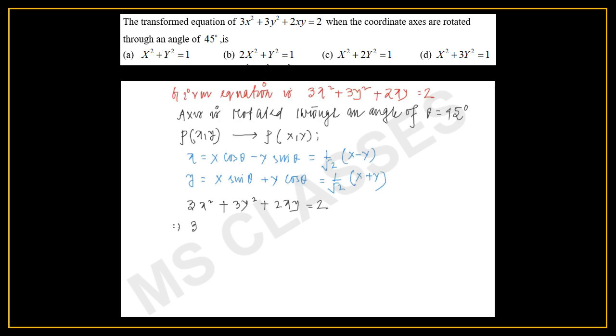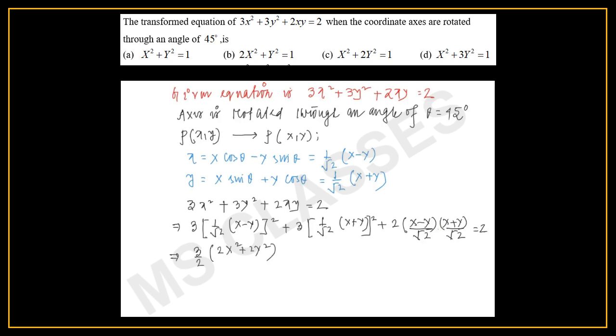Now 3x square, x is 1 by root 2 into capital X minus capital Y whole square, plus 3 into 1 by root 2 into capital X plus capital Y whole square, plus 2 into small x, which is capital X minus capital Y by root 2, into capital X plus capital Y by root 2, is equal to 3 by 2 into 2 times capital X square plus 2 times capital Y square plus capital X square minus capital Y square equal to 2.